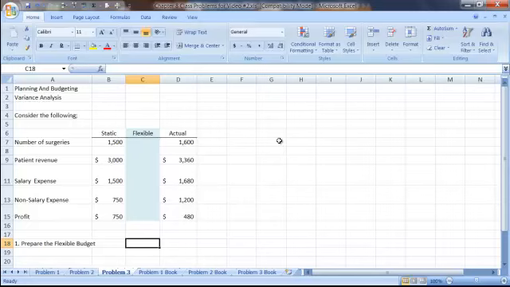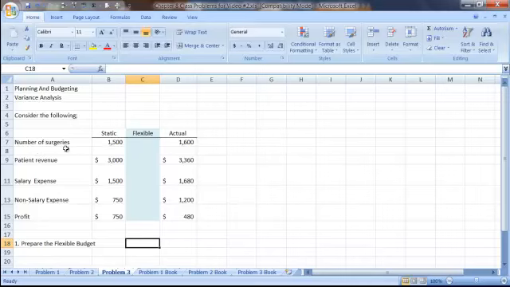And the flexible budget takes the actual number of visits times the standard costs. So in preparing the flexible budget, you first need to understand what the costs are per unit that you were doing in your static budget and what your actual was. So let's do that first.